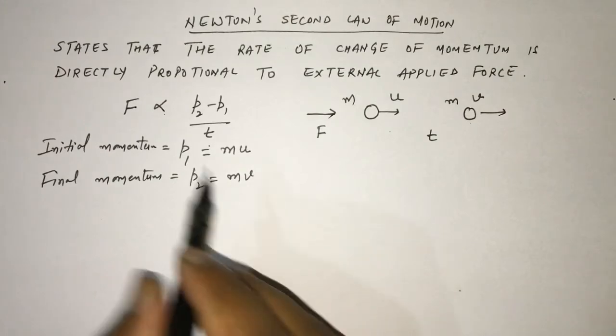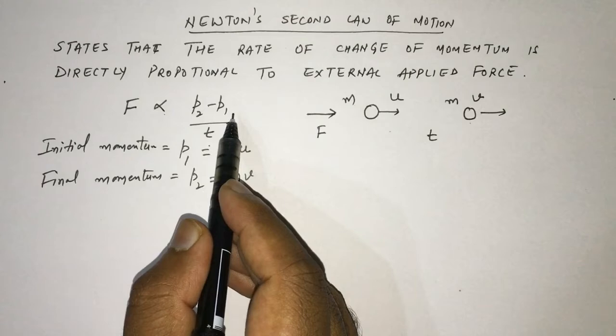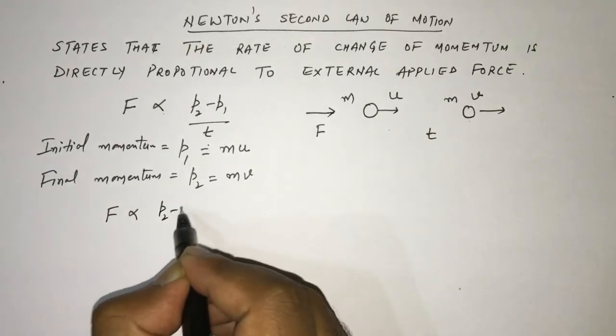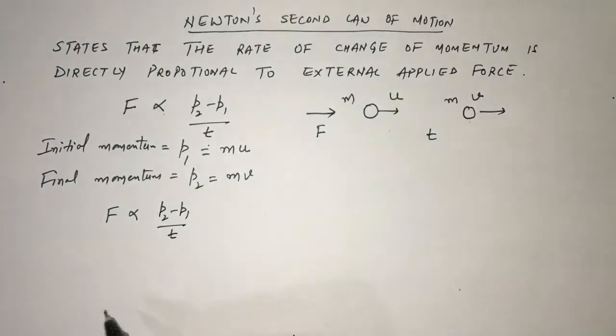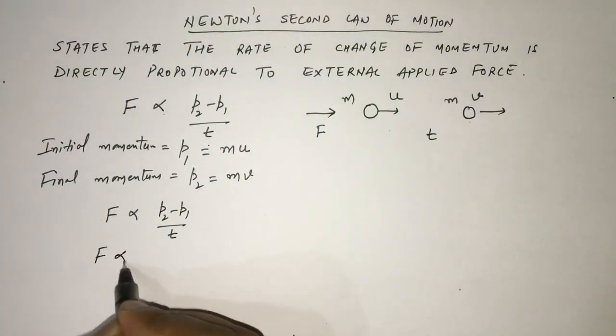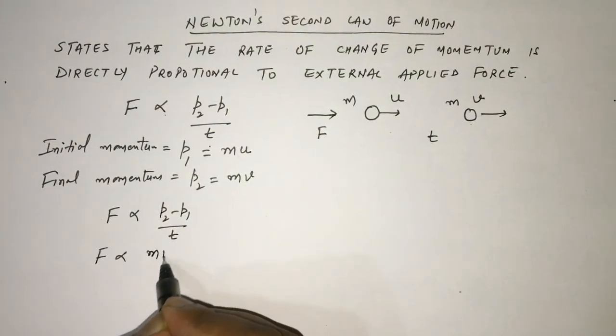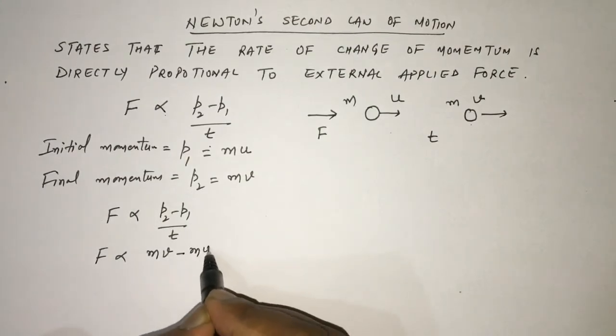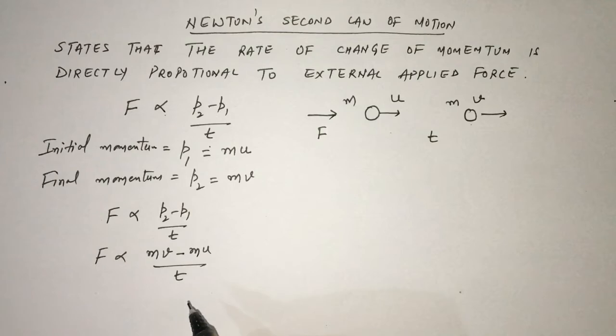Now, according to the law, F is directly proportional to (P2 minus P1) upon t. The value of P2 is mv and the value of P1 is mu, upon t. Now, F is directly proportional to m common, (v minus u) upon t.